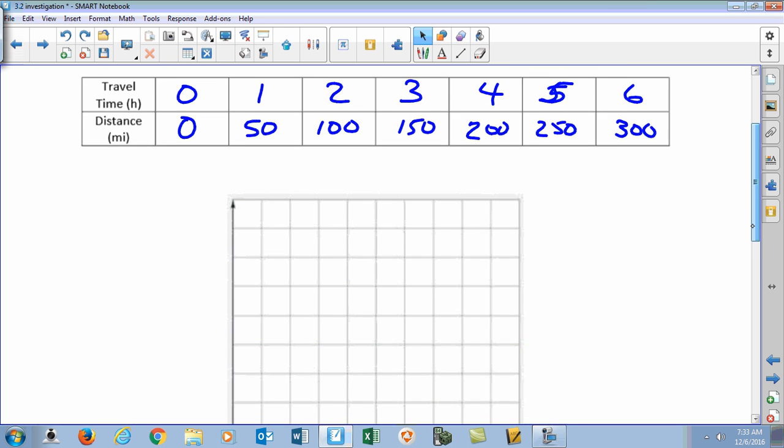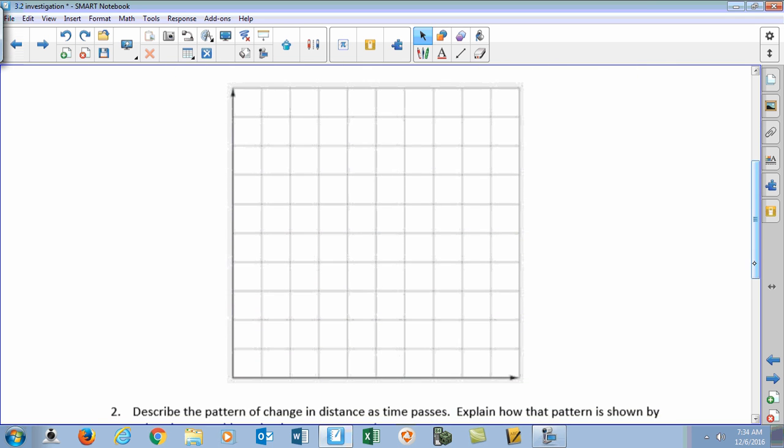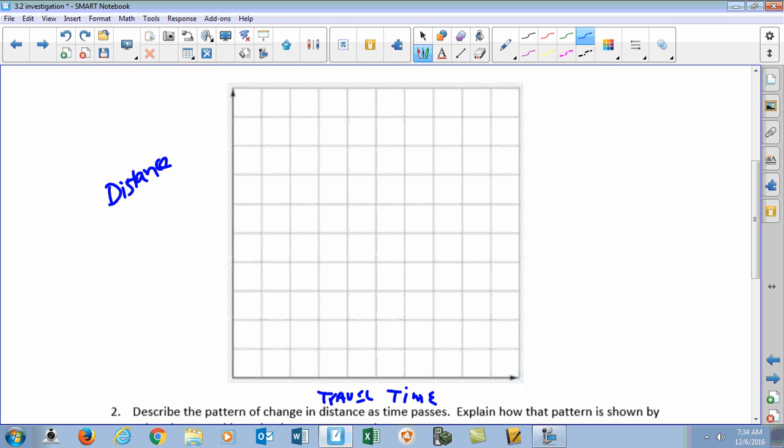All right, so if we go to graph this, we've got distance and travel time. And our travel time was 0, 1, 2, 3, 4, 5, 6, 7.